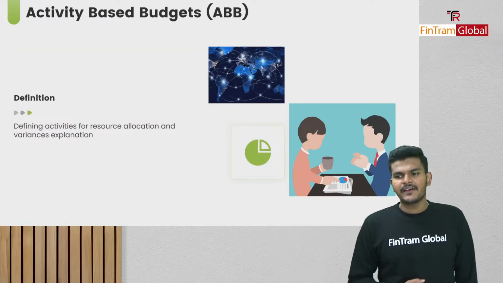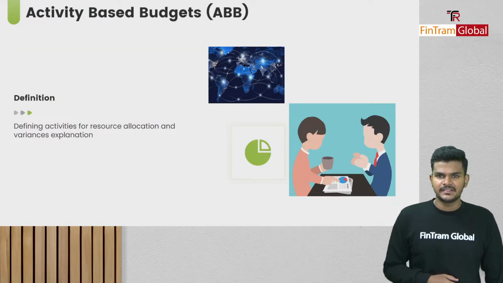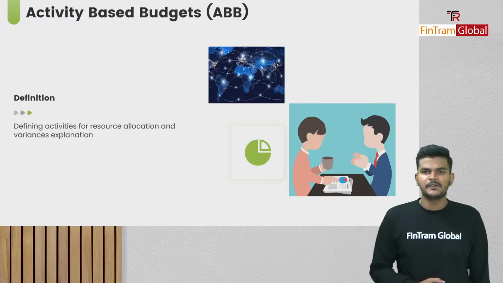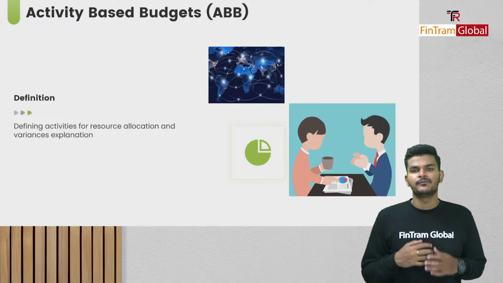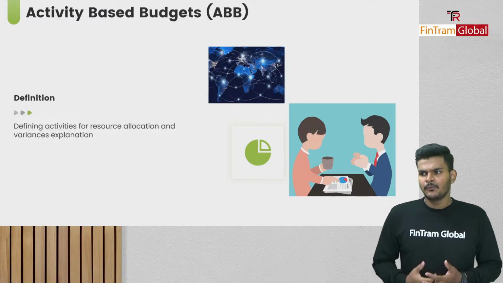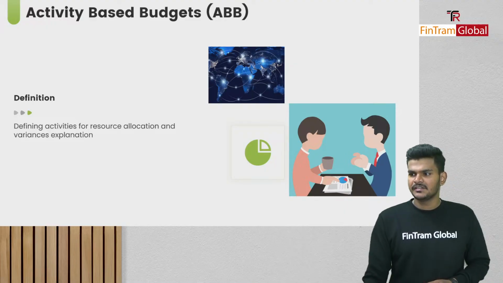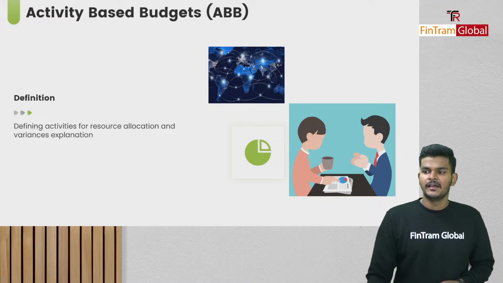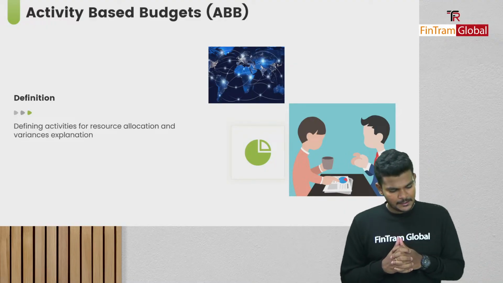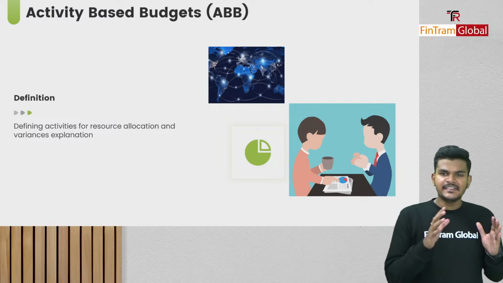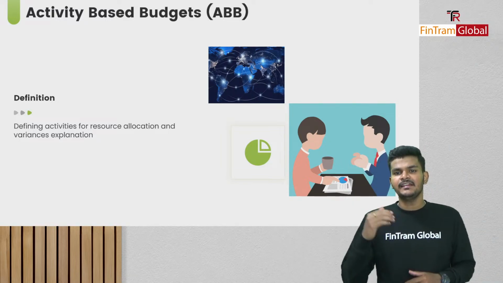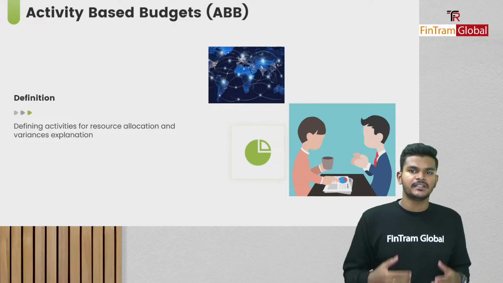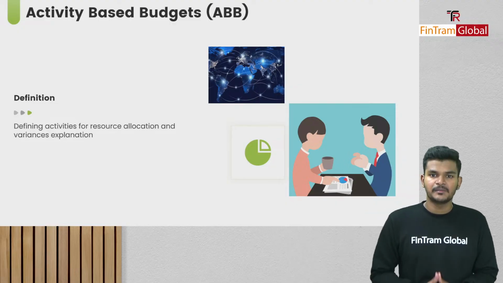And then we also have activity-based budgeting as well. So when it comes to this particular budgeting process, this is more suited for complex organizations. Why? Because when it comes to this kind of budgeting, what we do is we apply the ABC principles. ABC as in activity-based costing principles into creating the budgets.